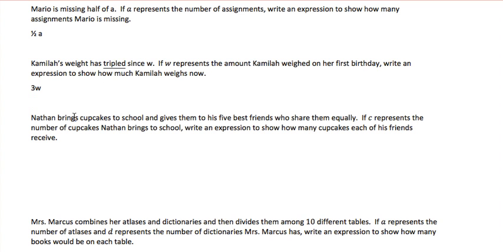So C is the number of cupcakes he brings to school. Nathan's bringing C cupcakes to school, and he's giving them to his 5 best friends to share them equally. We already determined that sharing equally was dividing. So he's taking C and dividing it by 5, his 5 best friends. C divided by 5.